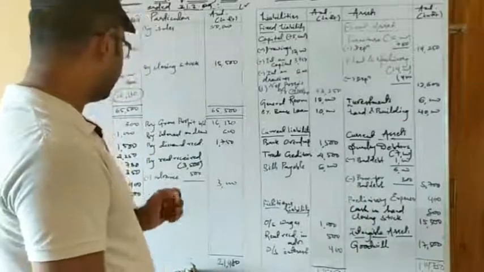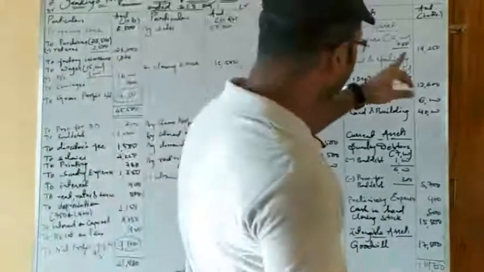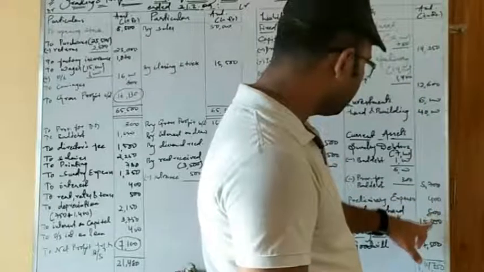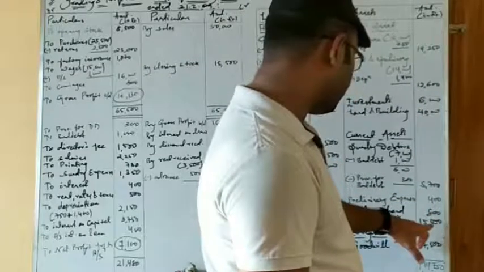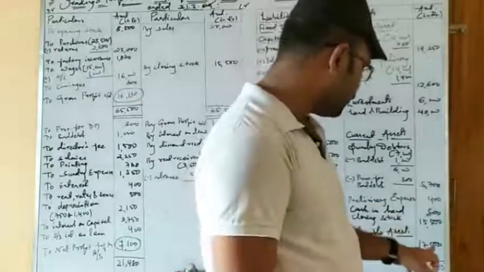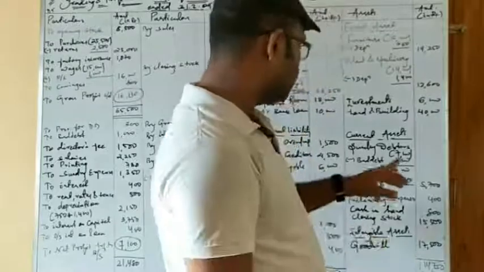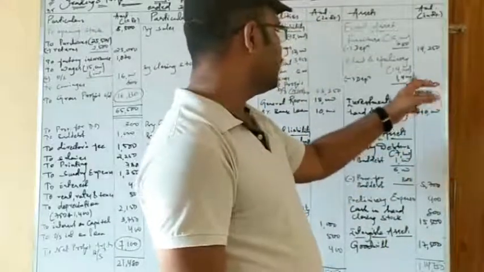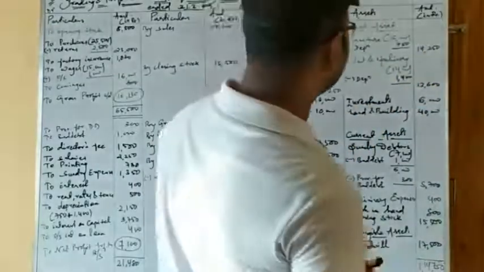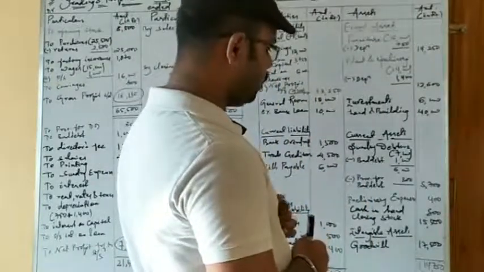Rent received is a liability, and outstanding wages is 1,000. Let us add these up again.